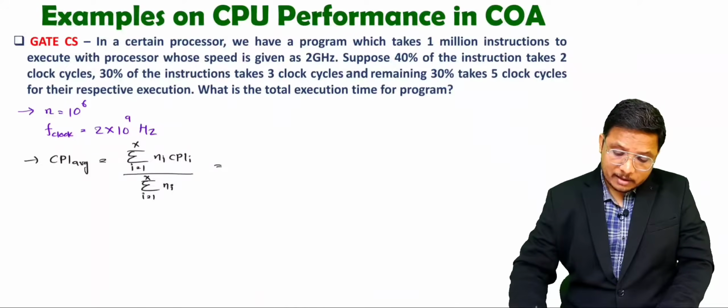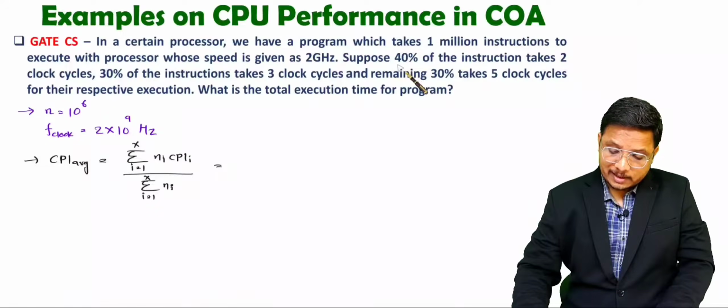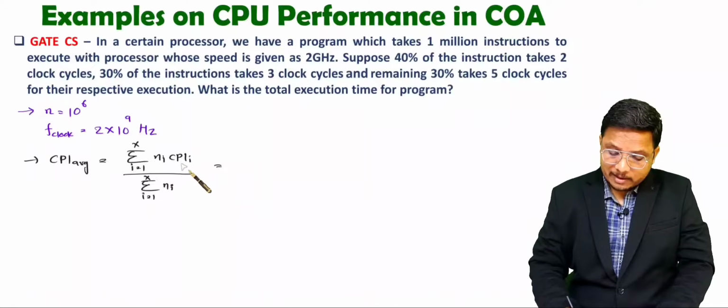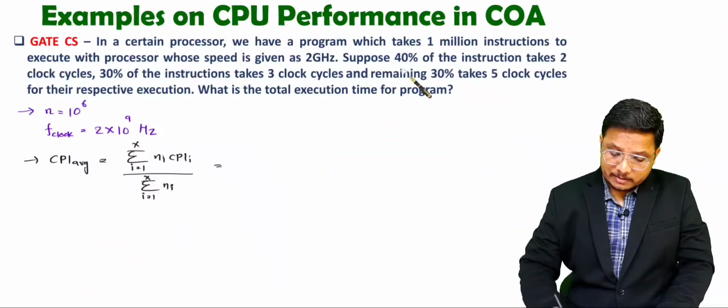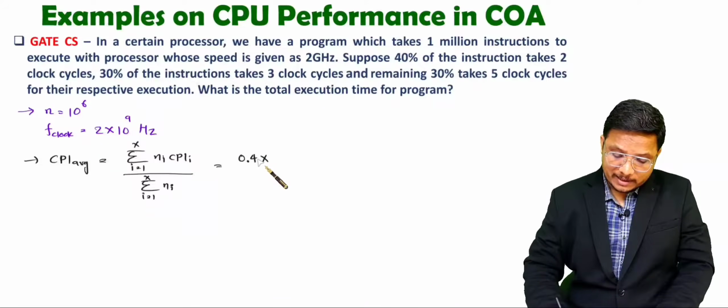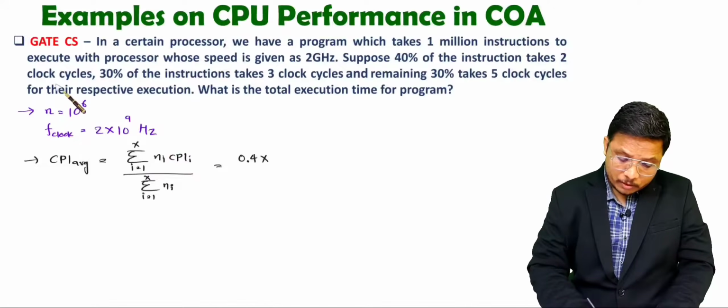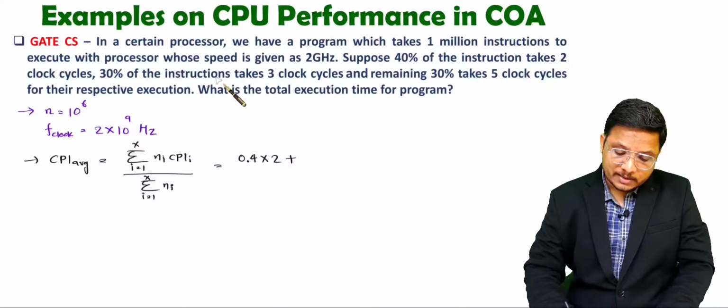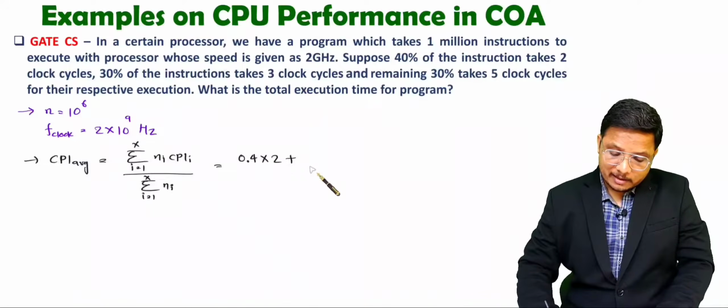You see 40% of instructions are taking 2 clock cycles. So here CPI for 0.4 fraction is how many? 2 clock cycles, right? So 0.4 into 2, plus 30% of instructions take 3 clock cycles, so 0.3 into 3, right?